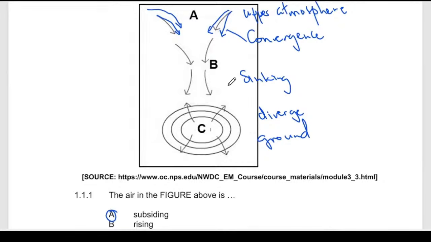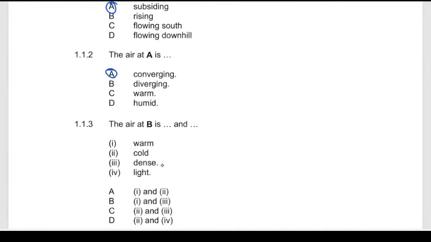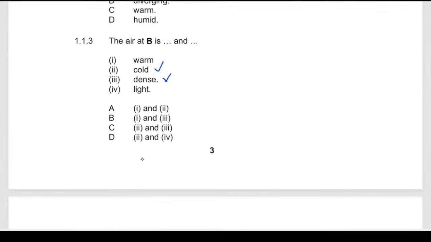We find that air sinks if it has a higher density, if it's heavier. So cold and dense are our two responses, and they are aligned at response C.